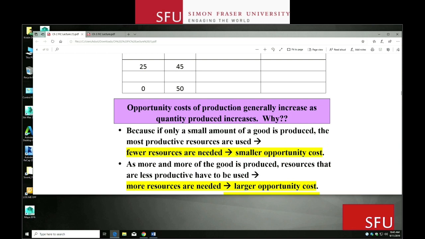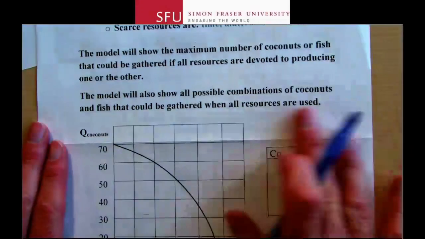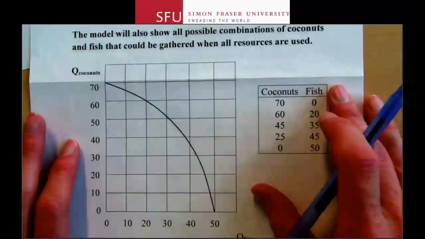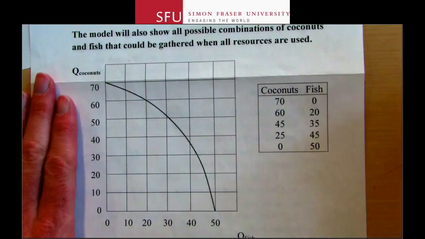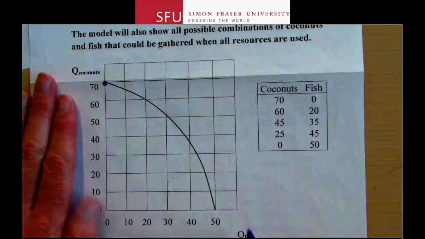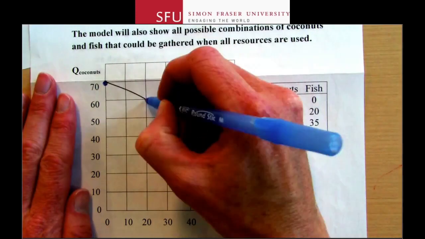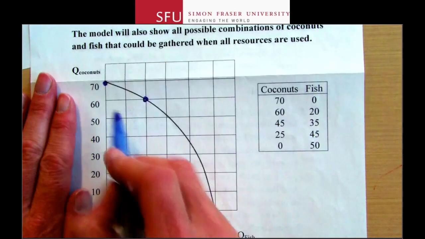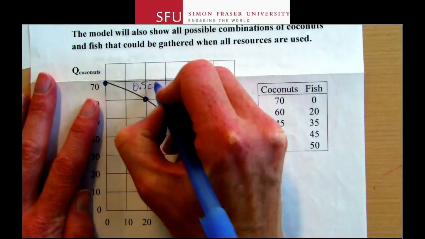Now this idea of an increasing opportunity cost we can see illustrated in the graph. The slopes that we just calculated: for increasing fish production, starting up here with 0 fish and moving to the next point, the slope was 10 over 20, or 0.5 coconuts per fish.